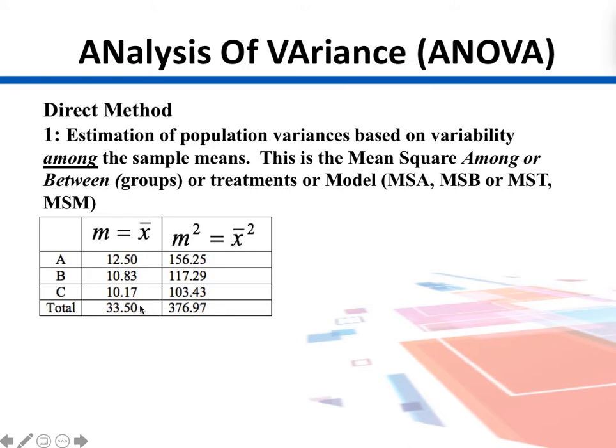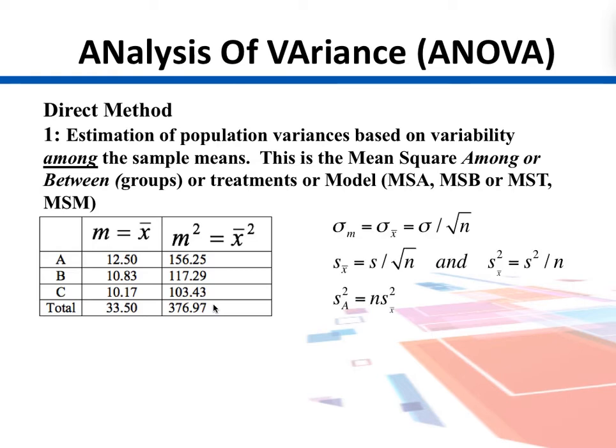And this is the sum of the individual x bars, or sum of the individual numbers, and these are the sums over their squares. And how can we calculate the variance component?